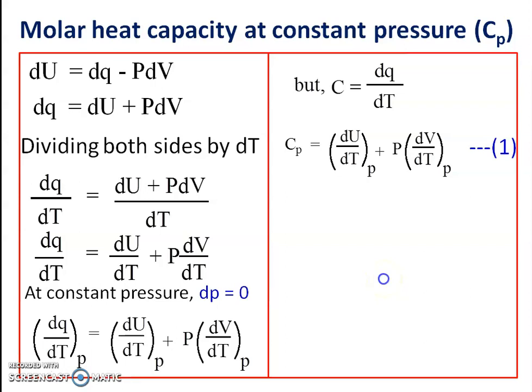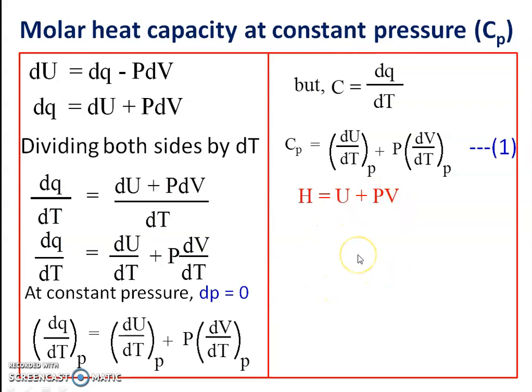Now again, according to the definition of enthalpy, we can write H is equal to U plus PV. Enthalpy is the sum of internal energy and the product of pressure and volume.